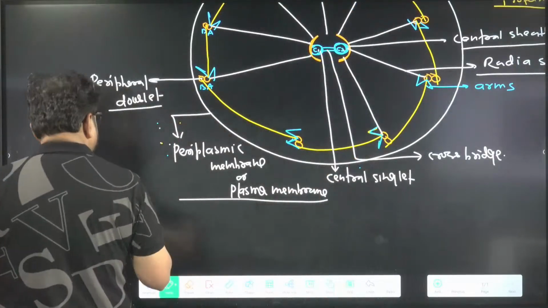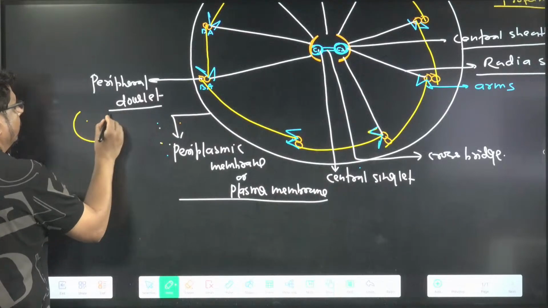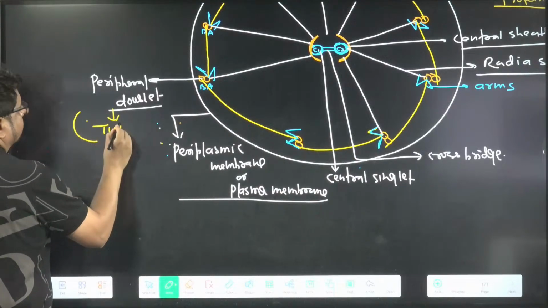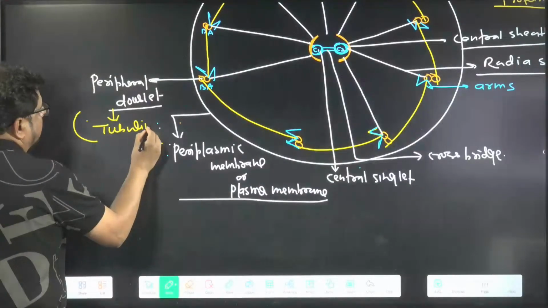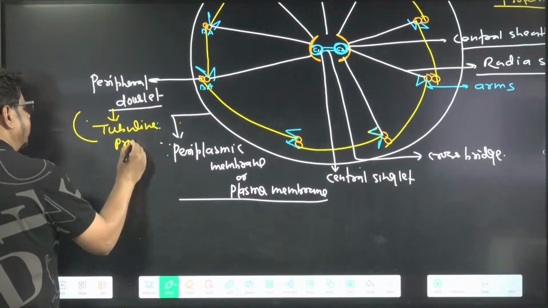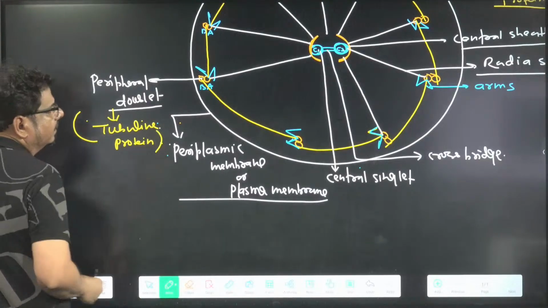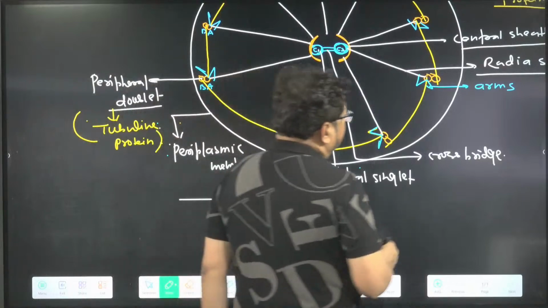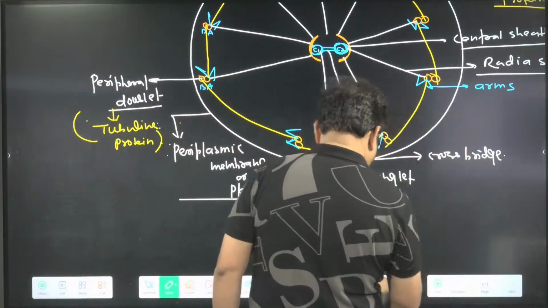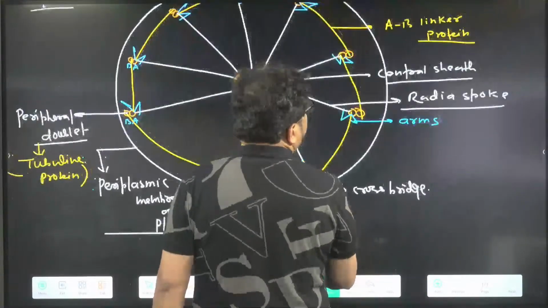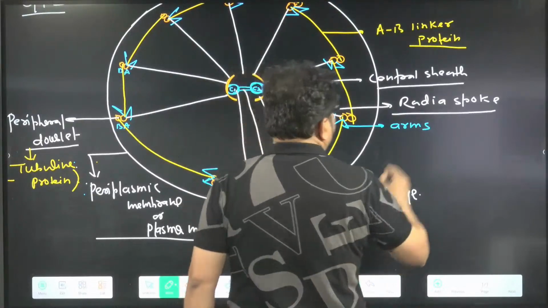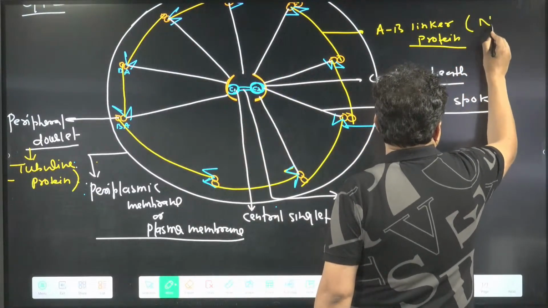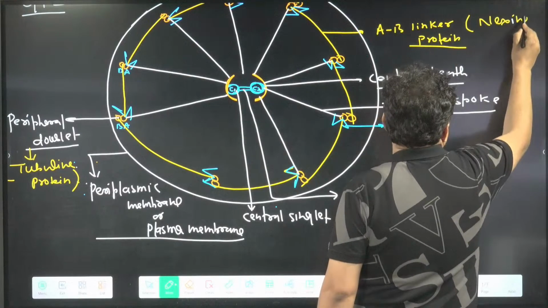So peripheral doublet is made up of tubulin protein. Tubulin protein is there in the peripheral doublet. If you talk about AB linker, it is made up of nexine protein.